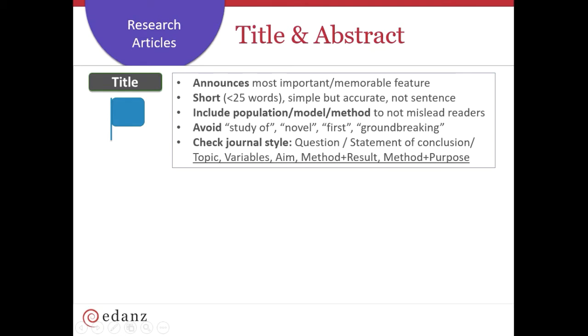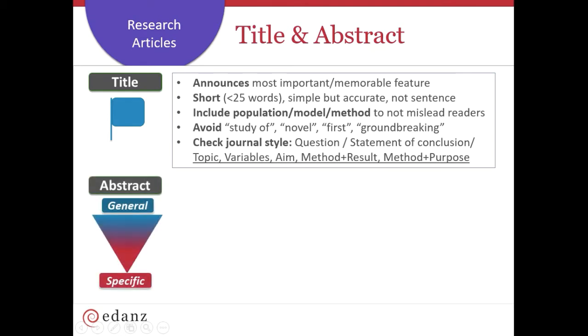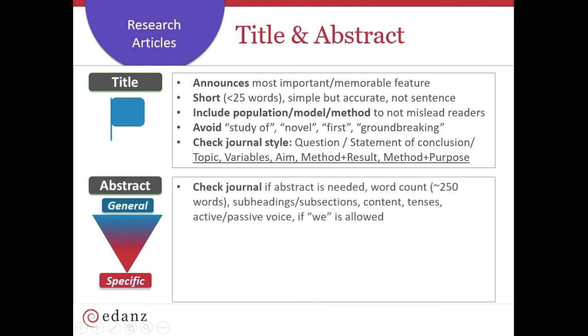The abstract is structured like a funnel, going from general to specific information, in a short passage of maybe 150 to 300 words, depending on the journal's style. There may be certain subsections and subheadings in what's called a structured abstract, or just a single paragraph in an unstructured abstract.